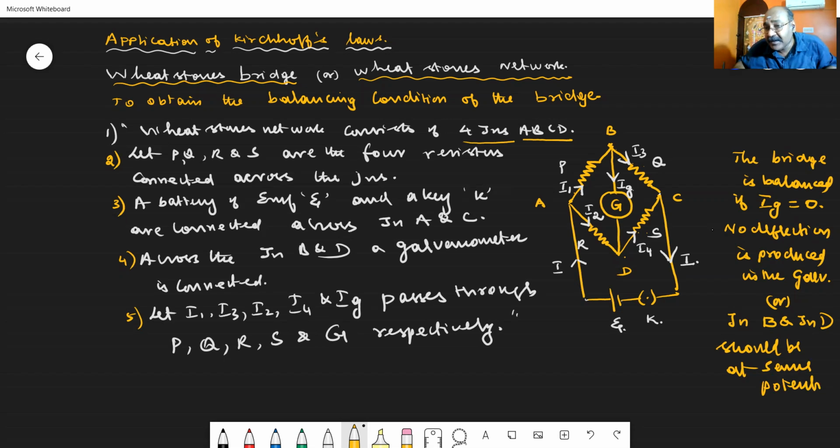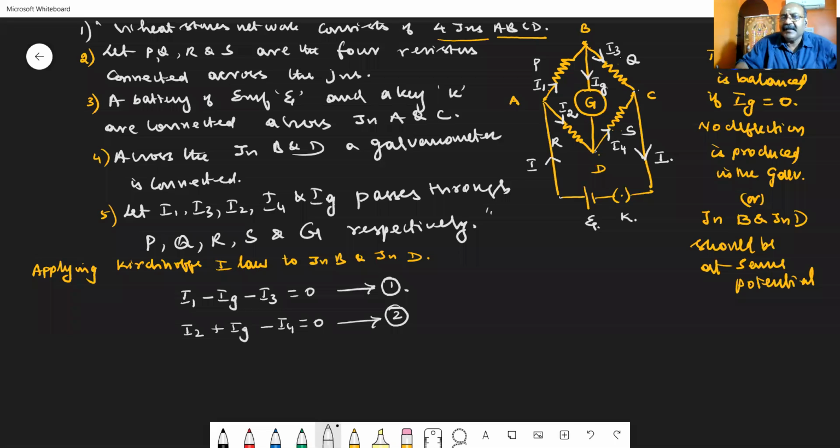If so, the bridge is said to be balanced. To get the condition on the resistances, by considering the current through the galvanometer as 0, we are going to get the relation between the 4 resistors. Now apply Kirchhoff's first law to junction B and to junction D.